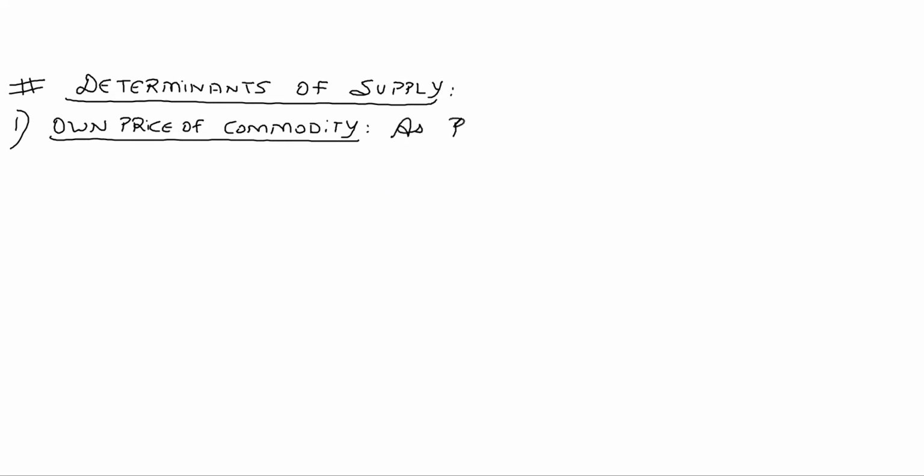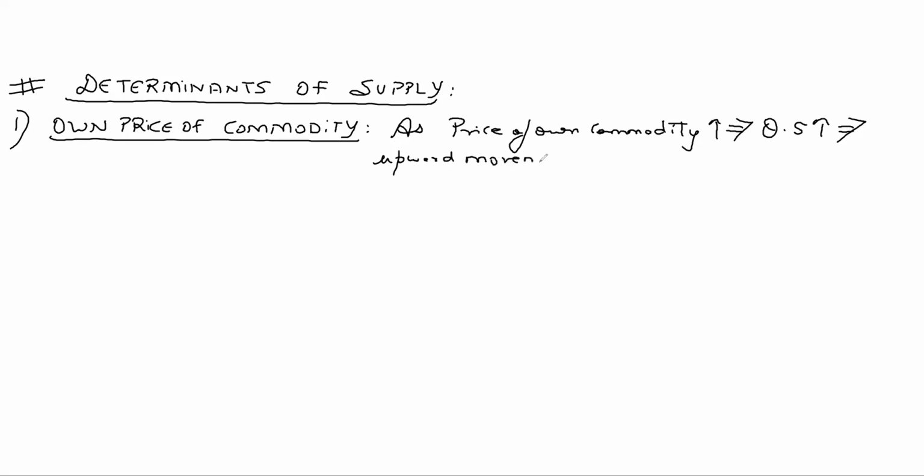As price of own commodity goes up, own commodity meaning the commodity in question, quantity supplied goes up. We have upward movement along the same supply curve. Guys, the supply curve itself will not shift.